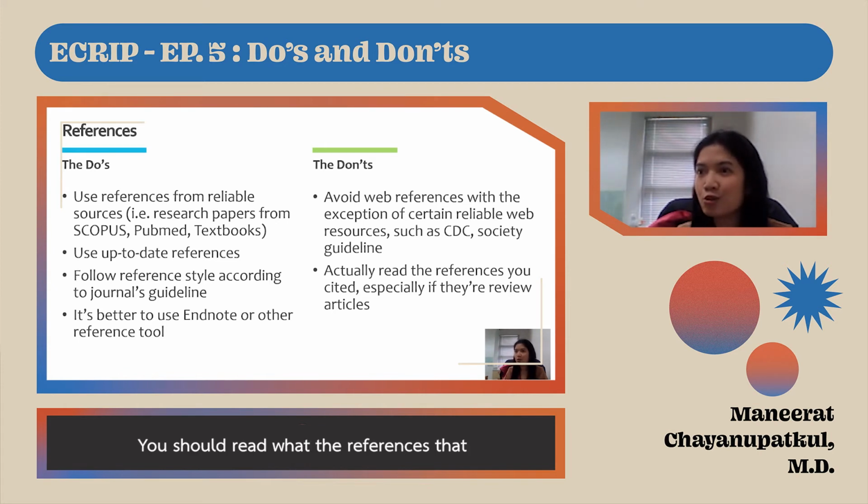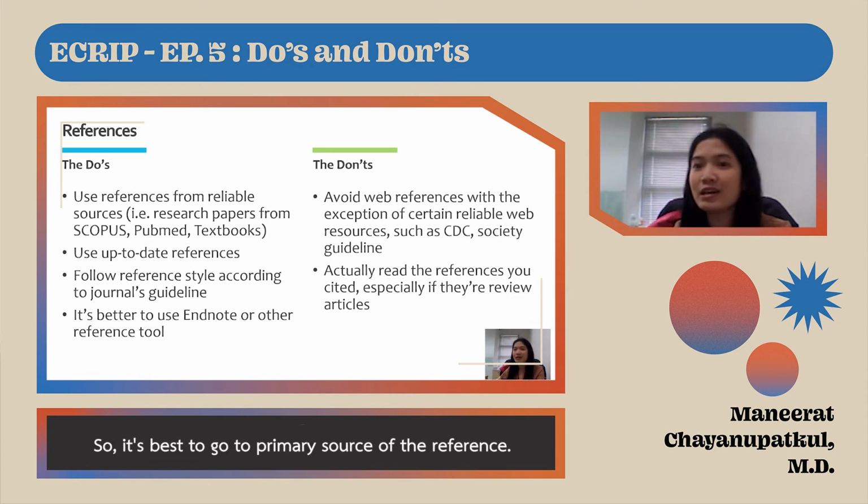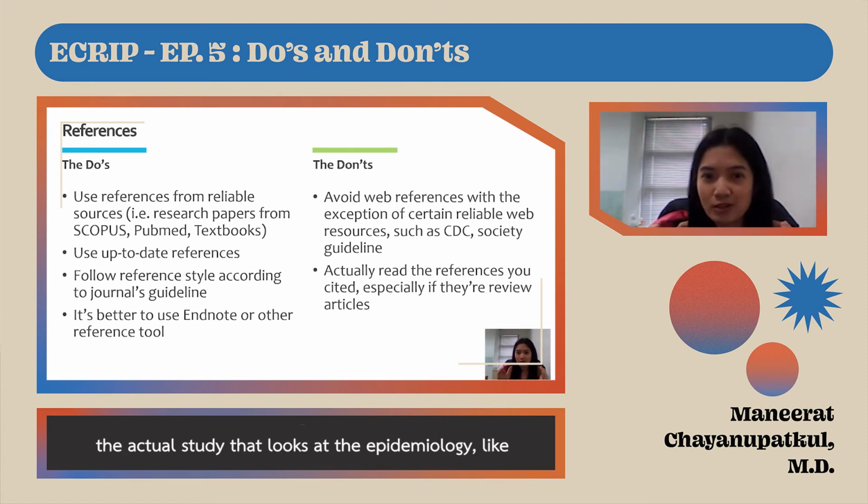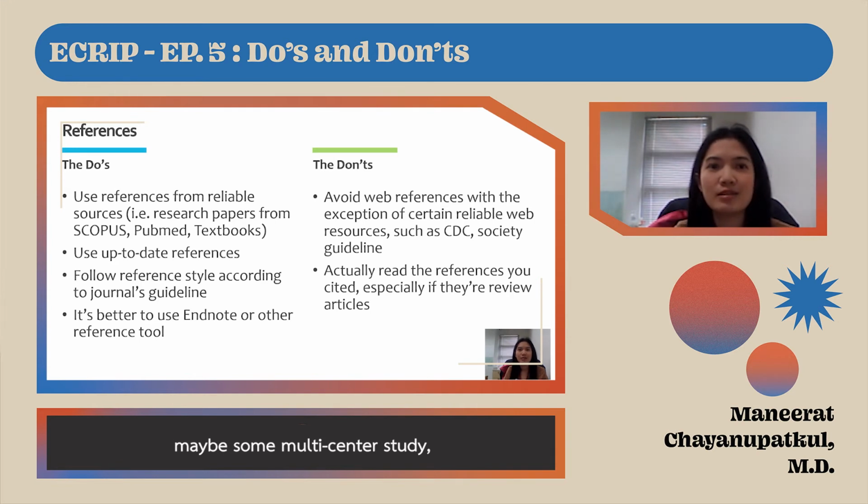You should read what references this paper used in its review. Sometimes they even cite another review article, and that review article cites another review article. So it's best to go to the primary source of the reference, the actual study that looked at the epidemiology, like maybe some multi-center study or some global study, and you use that primary reference.